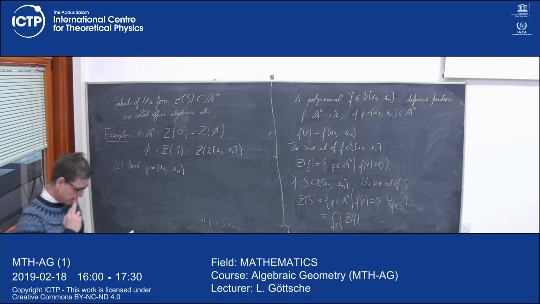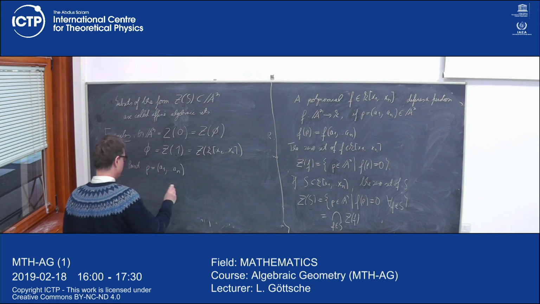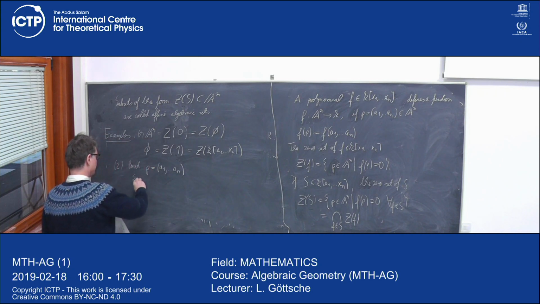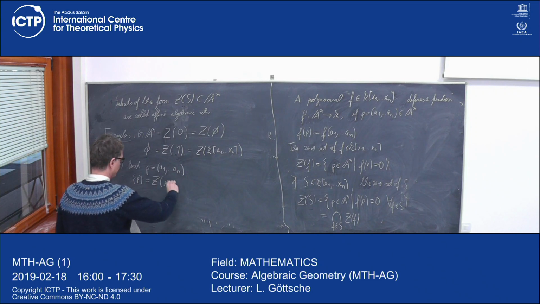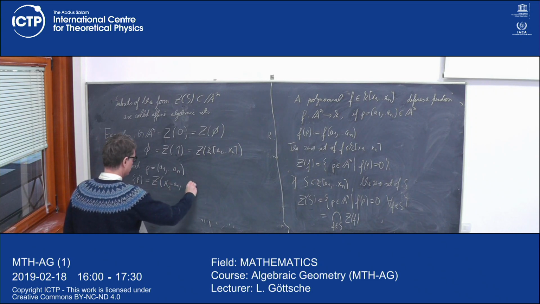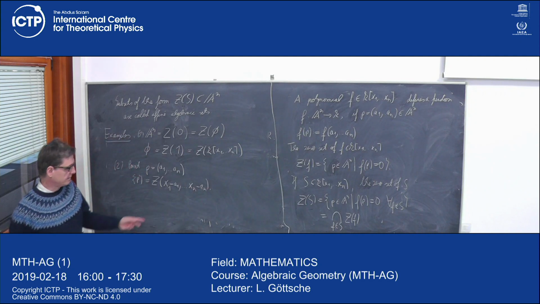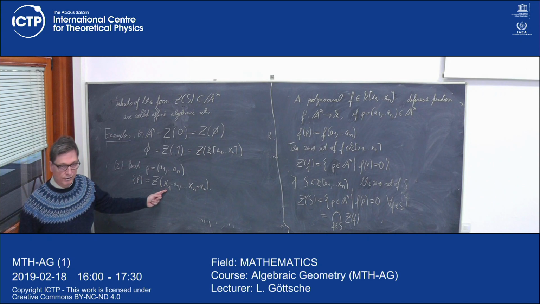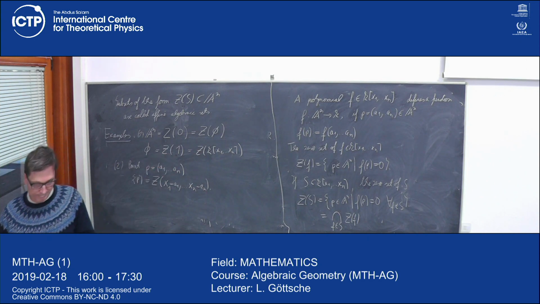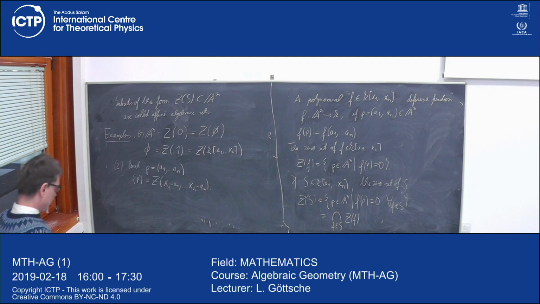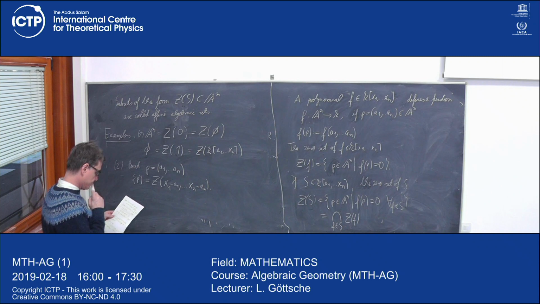This is an affine algebraic set because, strictly speaking, P is the zero set of x1 minus a1 up to xn minus an. Because this precisely says that the ith coordinate of the point has to be ai, which means that the point has to be this one. Okay, so points are also affine algebraic sets.